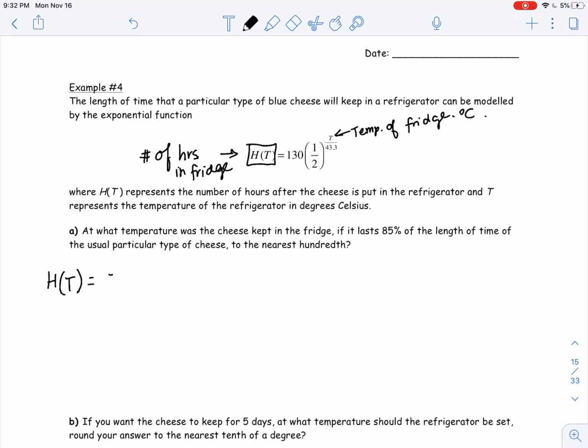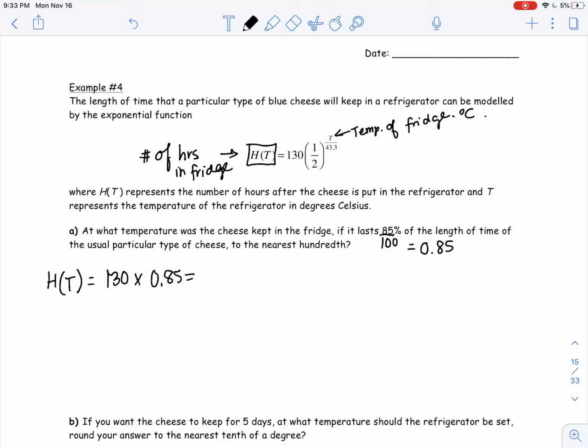So to find h of t, step 1 is we're going to take 130 and find out what 85% of this is. First we have to divide 85 by 100 and get 0.85. So we're going to multiply this 130 by 0.85, and that will tell us the number of hours it's going to be in that fridge.